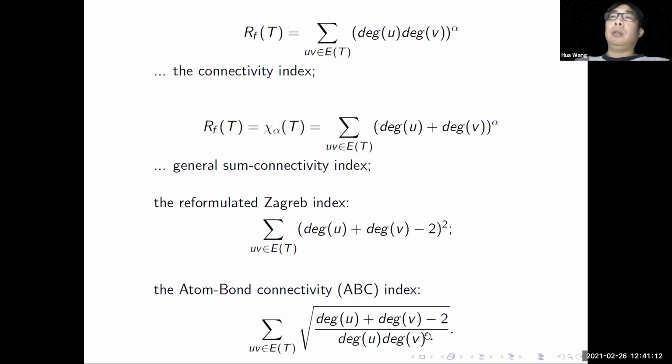You can show that these functions, like square root of (x+y-2)/xy, do satisfy our condition, and the general theorem applies to them. And so I'm taking this opportunity to introduce to you a bunch of variations of degree-based graph invariants as well.